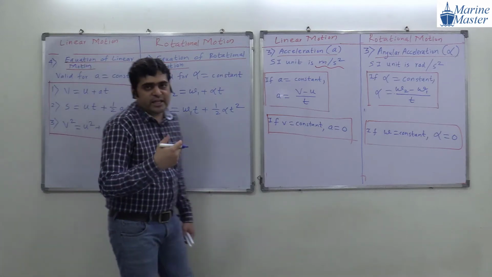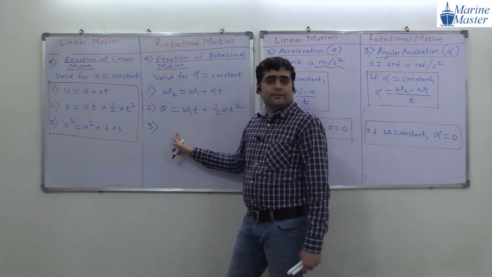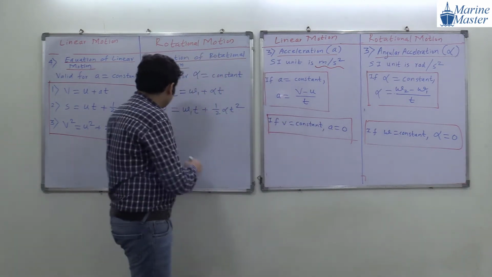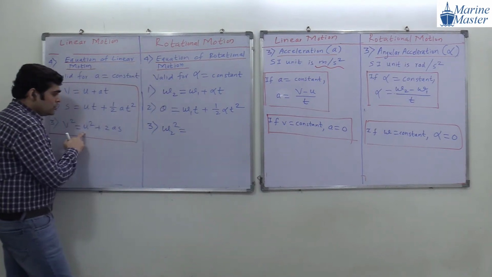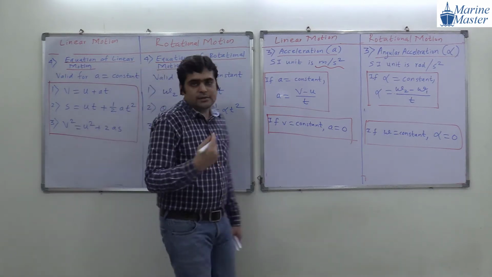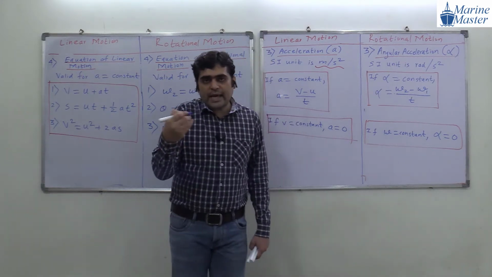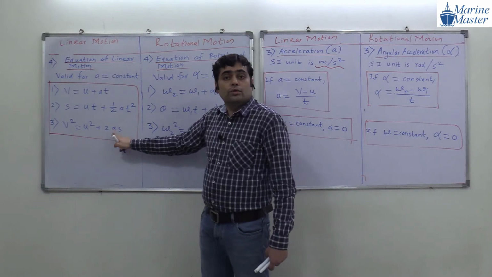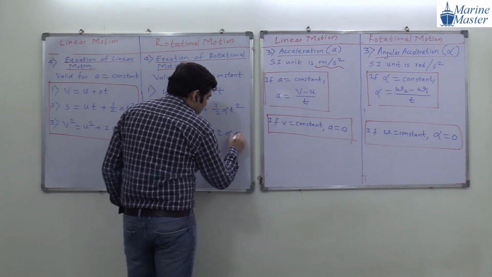Now can you tell me the third expression? Omega 2, okay, very good. Omega 2 square is equal to omega 1 square plus 2 alpha theta.